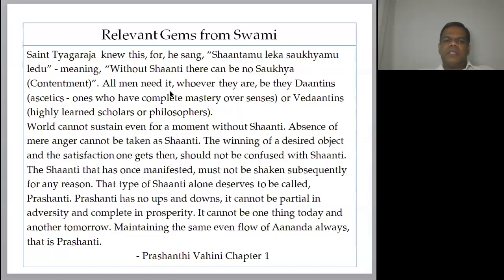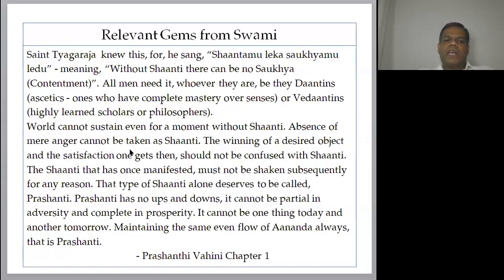All men need it, whoever they are, be they Dantins, ascetics who have complete mastery over the senses, or Vedantins, highly learned scholars or philosophers. The world cannot sustain even for a moment without Shanti.